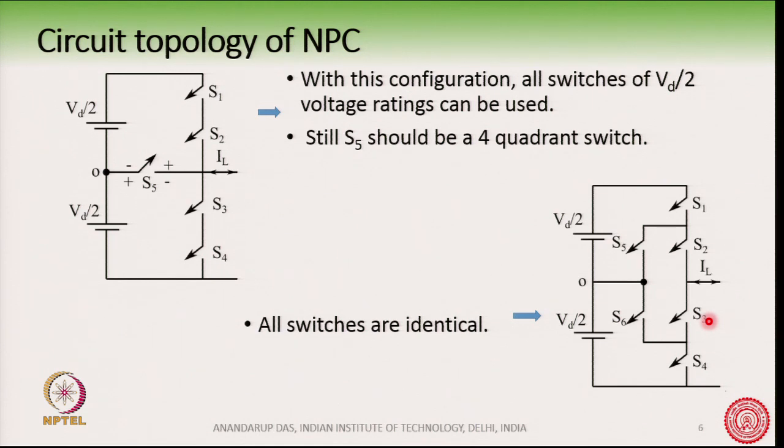They have the same voltage and current rating. All the switches in this circuit are something like this, all of them identical. And all of them have a rating of Vd by 2 and a current rating of IL.